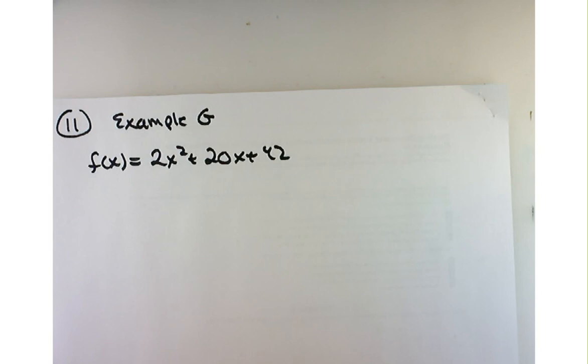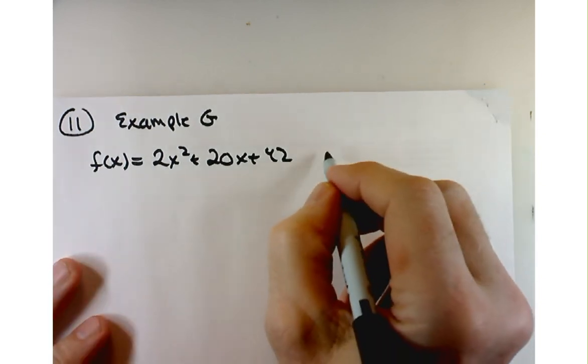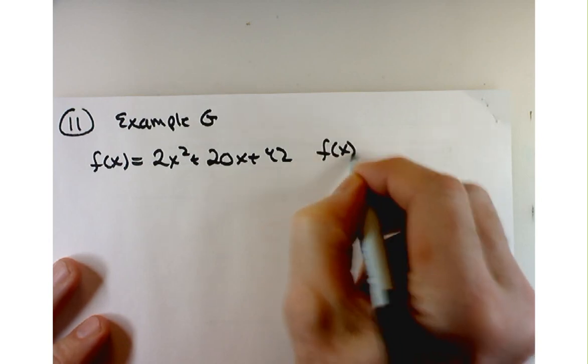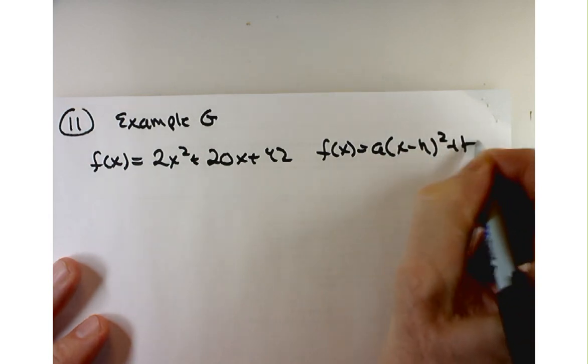Now, let's use the idea that we just did to help us out a little bit in terms of the graph, in terms of finding the vertex. The idea we just did is going to help us if we want to put it in the form f of x equals a times x minus h squared plus k.